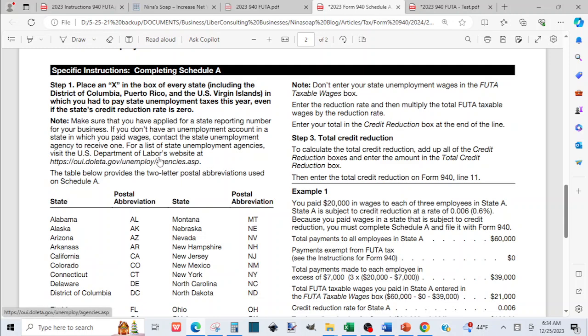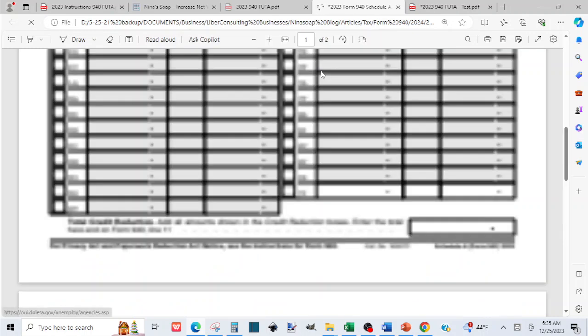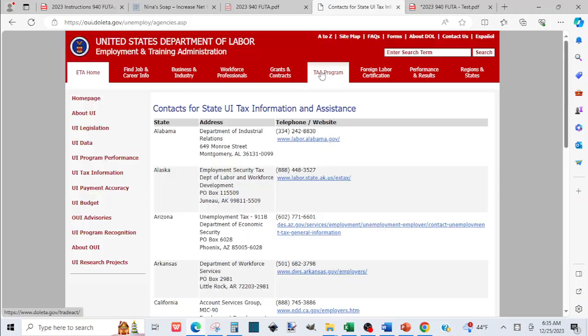You see, the labor department is the one that collects state unemployment tax, and they call it a different way: state unemployment insurance, or state unemployment insurance tax, or something like that. If I click on this, it's going to take me out of here. Let's try that.